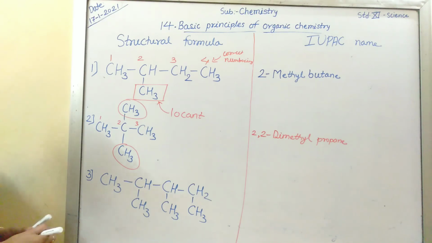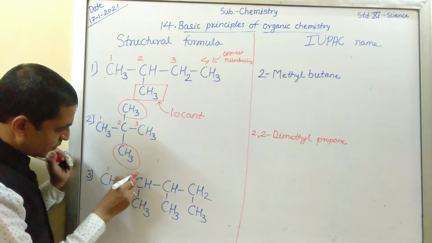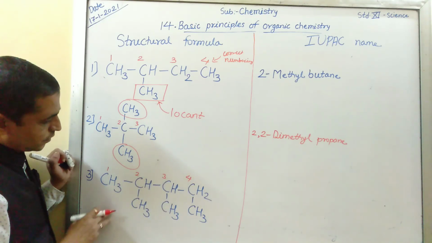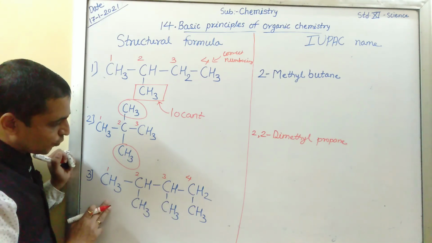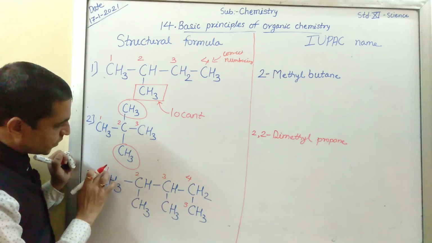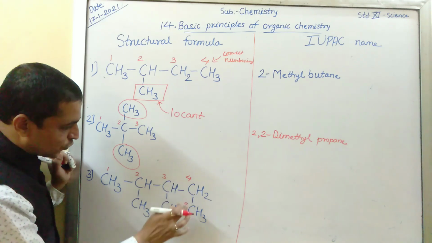Now see the next. Here count the number of carbon atoms: 1, 2, 3, 4. Here the longest chain seems to contain only 4 carbon atoms, but it is not true. Count this also. You must get the longest continuous chain: 1, 2, 3, 4, 5.